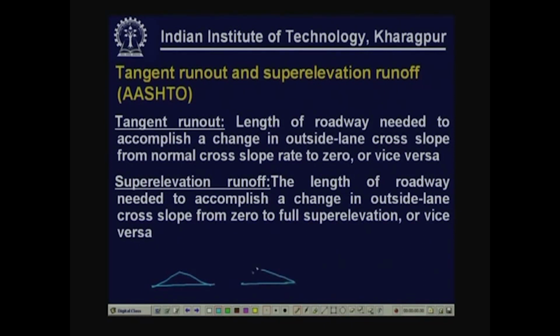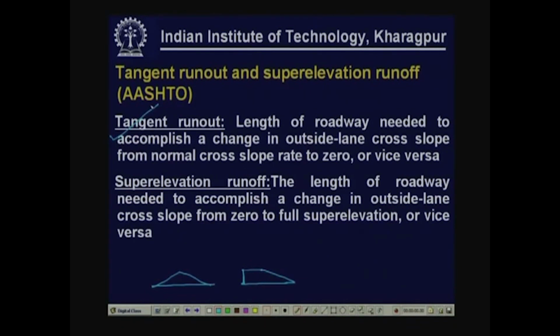and you find a cross section when the outer edge is rotated and made level. So, this change is done over a length of curve, and that part is known as tangent runout.